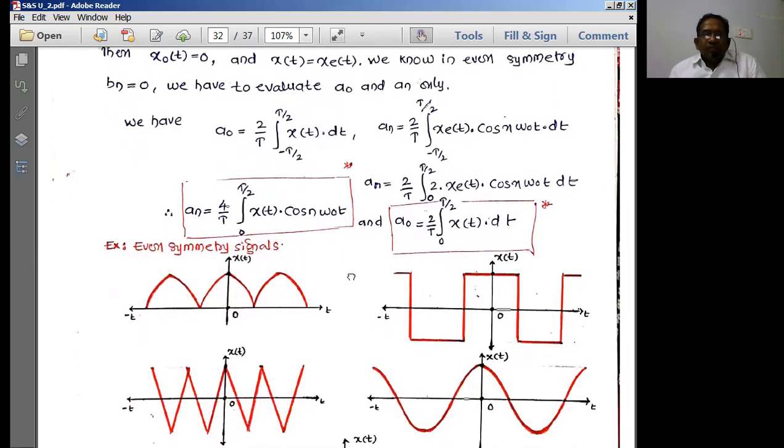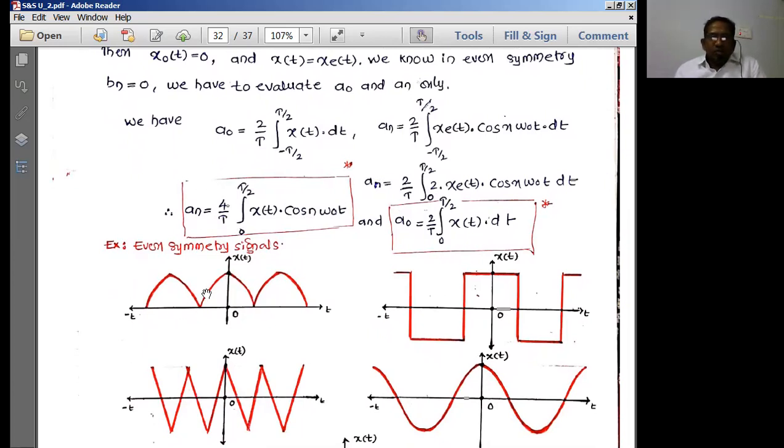So what is a_n? I can write a_n as simply equal to 2 by T integral from minus T by 2 to plus T by 2 of x_e(t) cos n omega naught t dt. Now this same thing I can write as 2 by T into 2 integral from 0 to plus T by 2, because it is even symmetry.